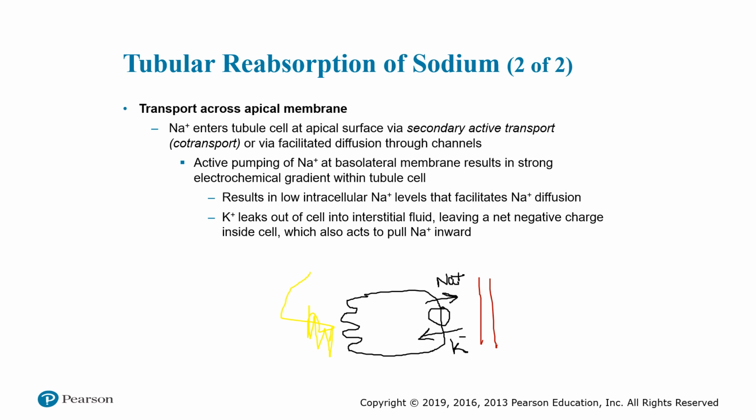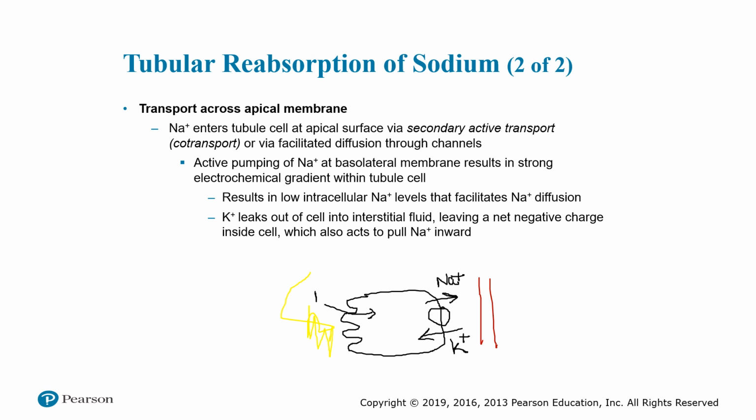Now we have a cation deficit inside the cell, and also a sodium deficit inside the cell. And so this active pumping of sodium at the basolateral membrane results in a strong electrochemical gradient within the tubular cell, and it results in low intracellular sodium.